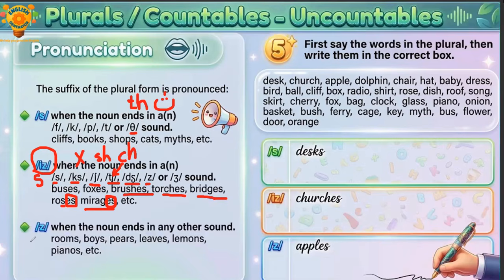And here the most common sound at the end of words is z, like rooms, cars, boys, pears, leaves, lemons, pianos, and so on. This is the most common ending in plurals. You find yourself saying z.